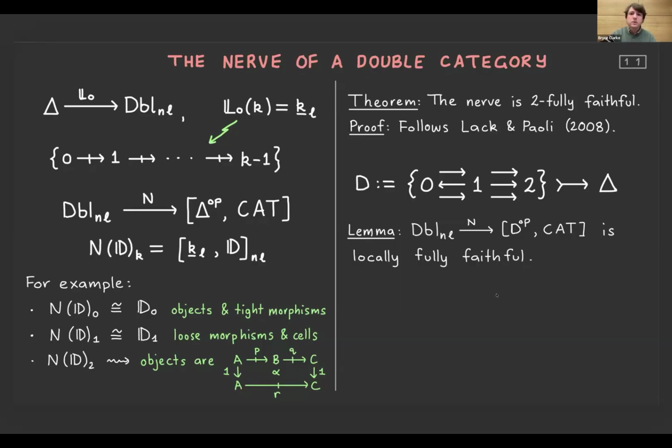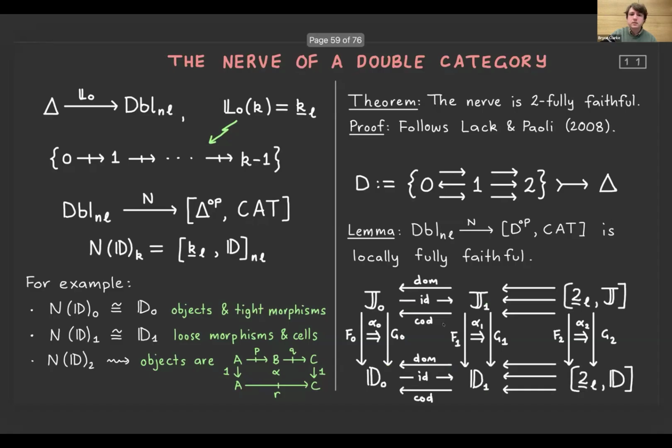What I mean is that if we have a double functor from J to D, and we have an F1, and our F's and our G's, then to have a 2-cell between these things is the same as to have a transformation between the original double functors.